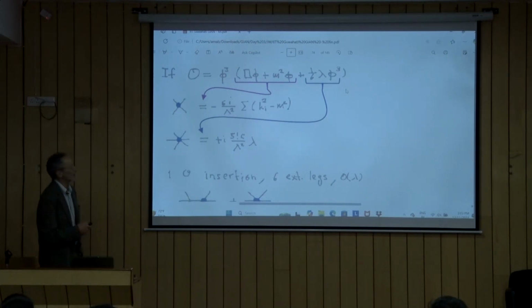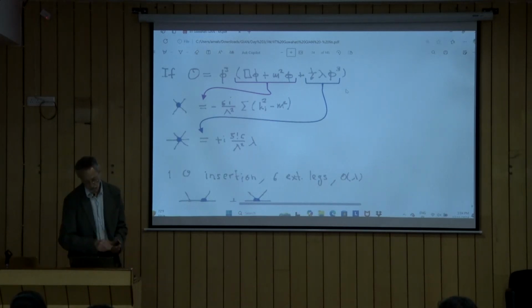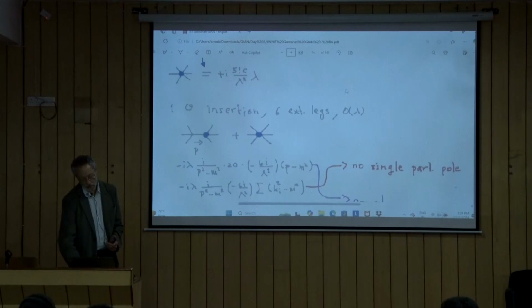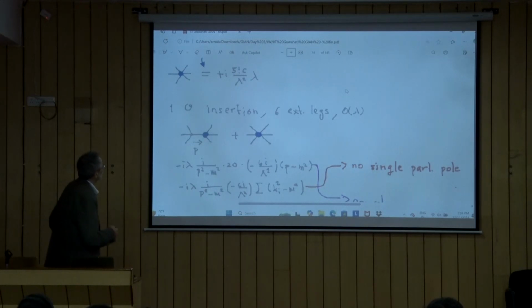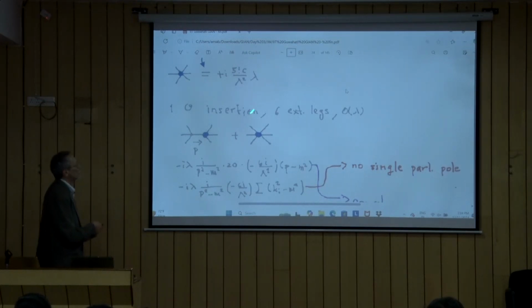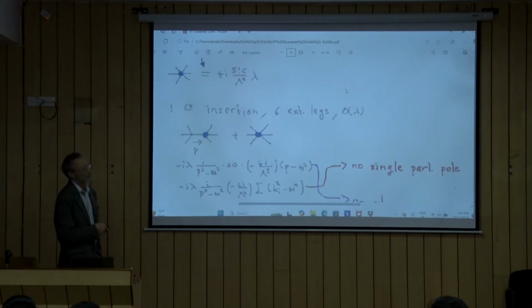So what I've done is I've added to the tree-level, renormalizable Lagrangian, c over capital lambda squared times O. I've just added it. And so you have a theory that has these additional vertices. All right. So what I'm going to look at is the effect of having a single insertion of O, which, according to what I've told you, should give no observable effect on a process that has 6 external legs.